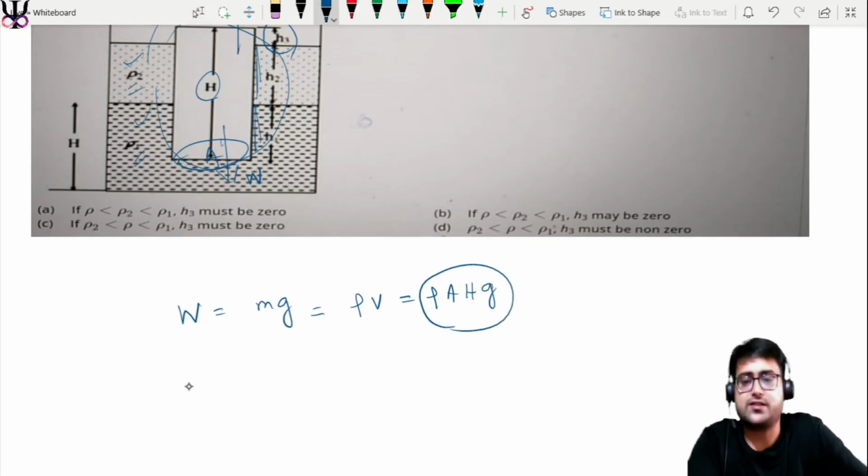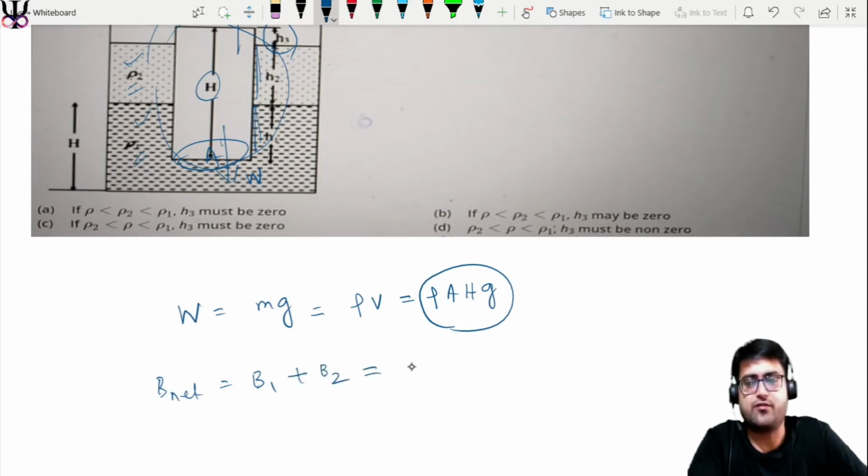But then what is B net? It is B1 plus B2, the buoyancy offered by the first liquid plus the buoyancy offered by the second liquid. What's the buoyancy offered by the first liquid? It's the weight of the liquid displaced. How much volume would be displaced? The volume of the solid that is submerged in that liquid, which is A times H1. So the buoyancy is going to be rho 1 times A H1 times g, right?